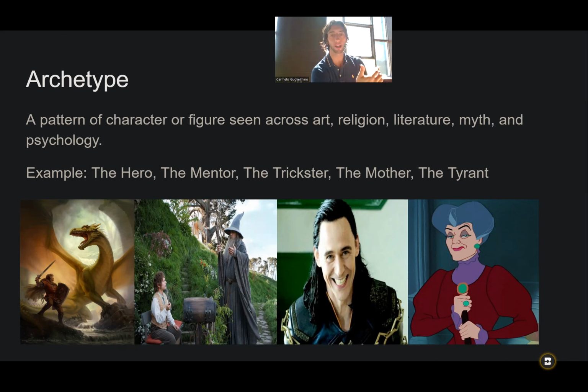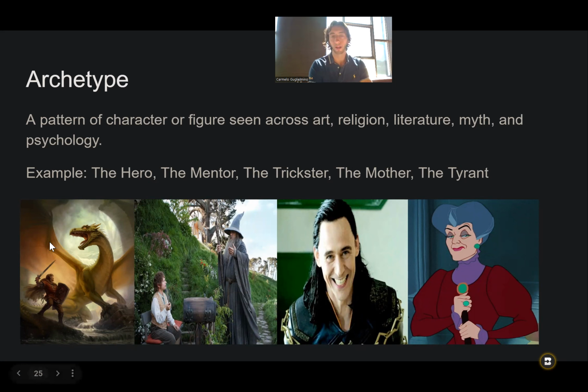We see a particular type of character, a type of figure, repeating itself and coming up again and again. I gave some basic examples here: the hero, a mentor, a trickster, a monster, a tyrant. We see all of these figures here. You could probably piece those together, right?